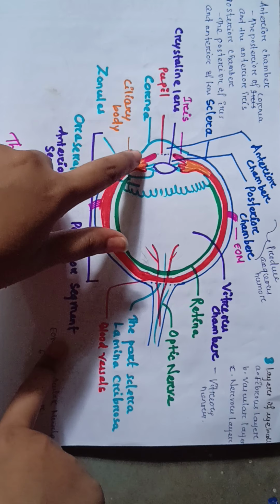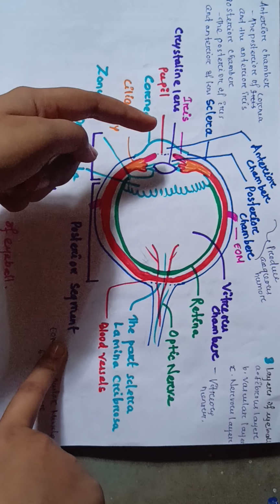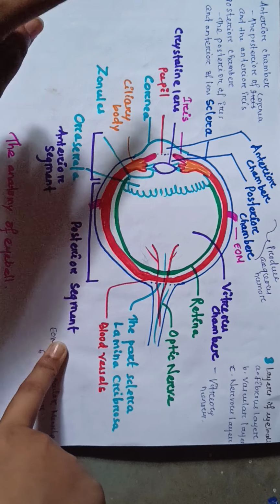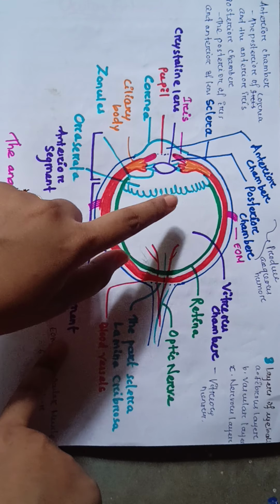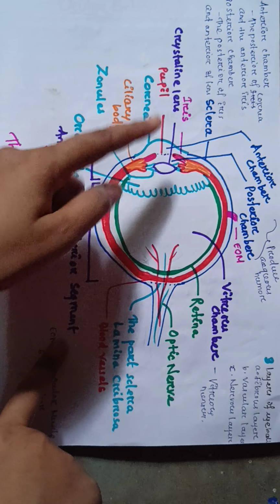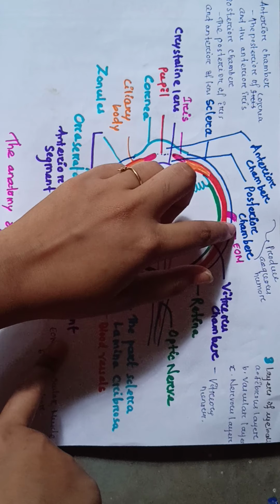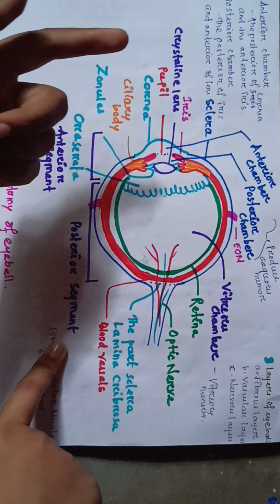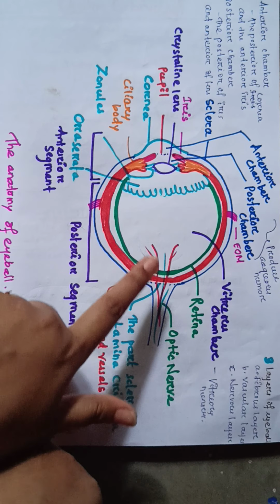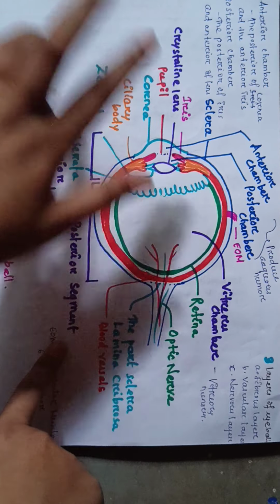Behind the cornea and in front of the iris is our anterior chamber, and behind the iris and in front of the crystalline lens is the posterior chamber. In the anterior and posterior chambers there will be the flow or drainage of the aqueous humor, and in the vitreous chamber there will be the vitreous humor.